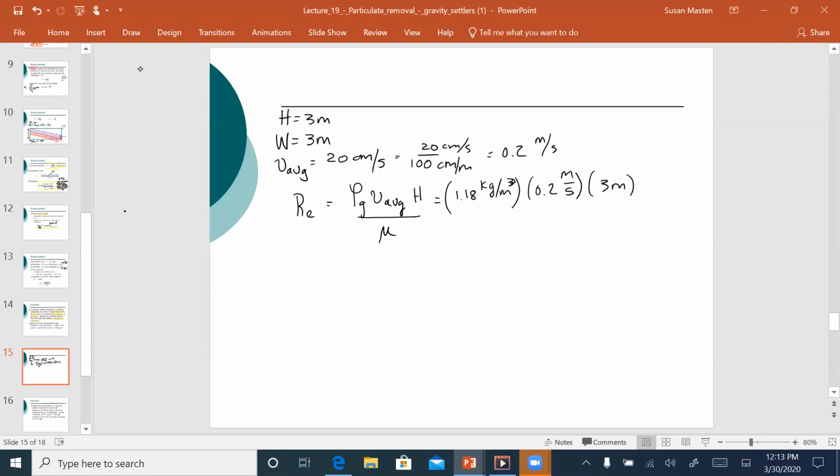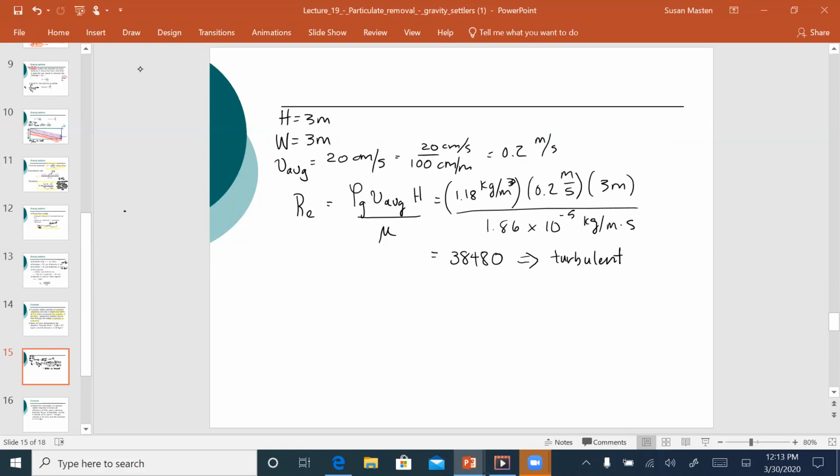Height is 3 meters. And we divide this by 1.86 times 10 to the minus 5 kilograms per meter per second. And that is about 38,000, which means we have what type of flow? Okay, we have turbulent flow, which means we're not going to get very good removal.